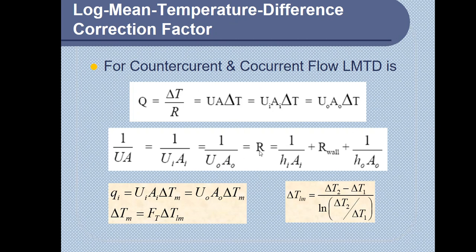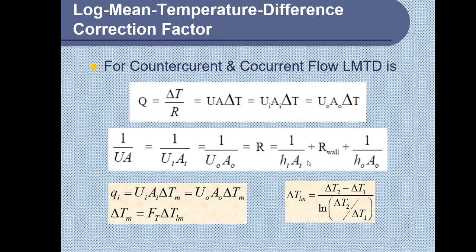So your summation of R will account for the heat transfer coefficient on the inside fluid, the resistance offered by the material that separates the two fluids, and the resistance on the outside fluid clinging to the wall of that particular pipe in which heat is to pass through, going to or being transferred to the fluid that is to be heated in the inner wall.